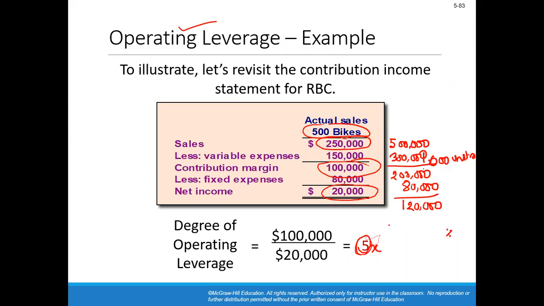So if we determine the degree of operating leverage again, the contribution margin is now 200,000 and my net operating income is 120,000. Is it right, what I have written in the changed case with 1,000 bikes? Is it okay, what I have written here?